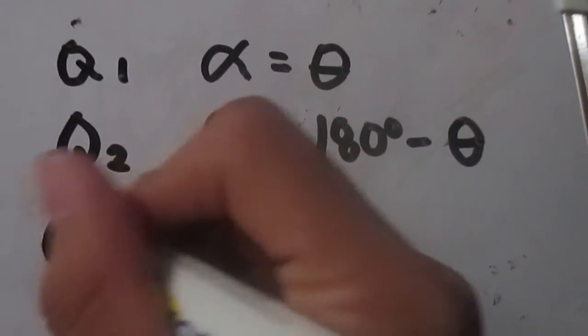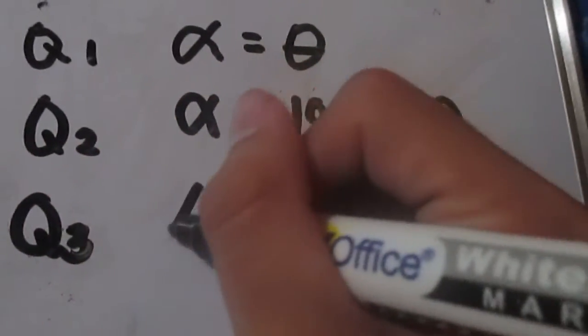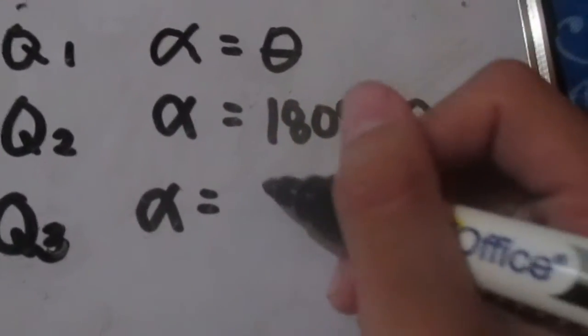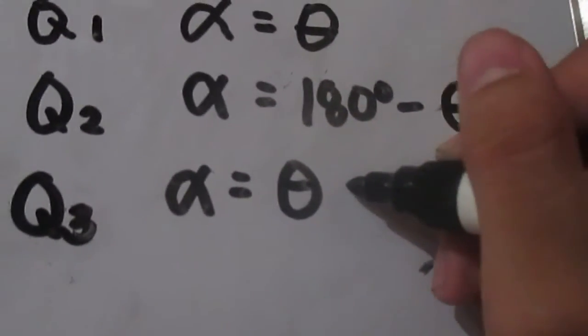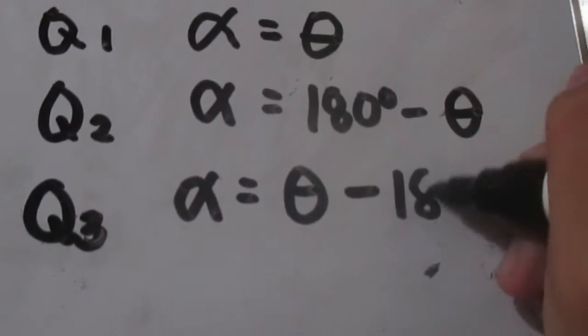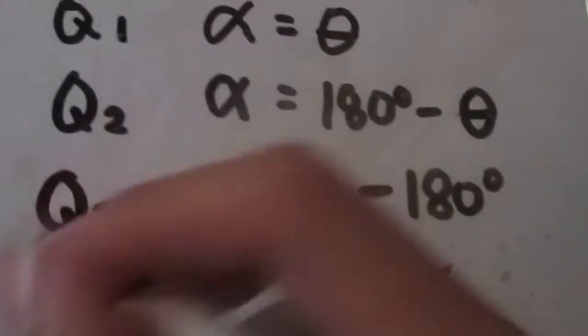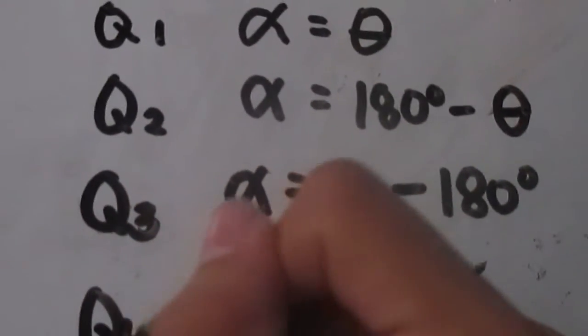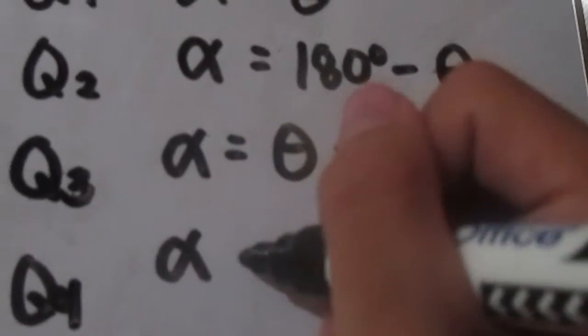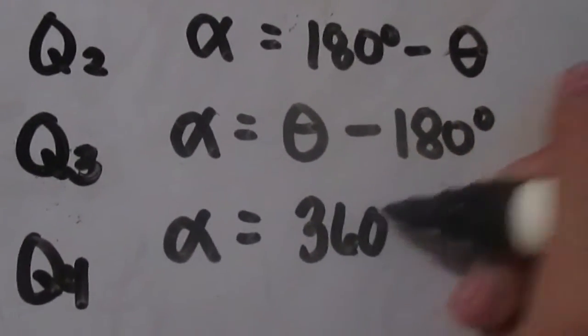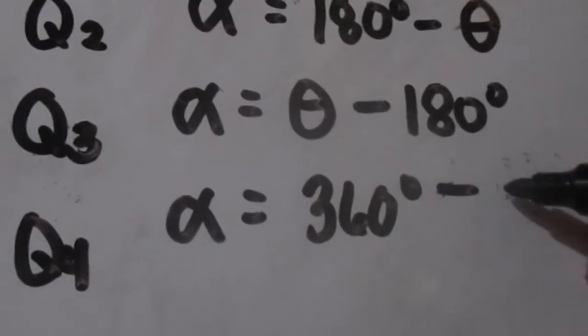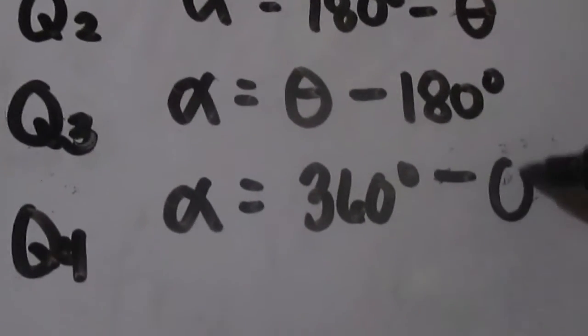For quadrant 3, the reference angle is equal to theta minus 180 degrees. And for quadrant 4, the reference angle is equal to 360 degrees minus theta.